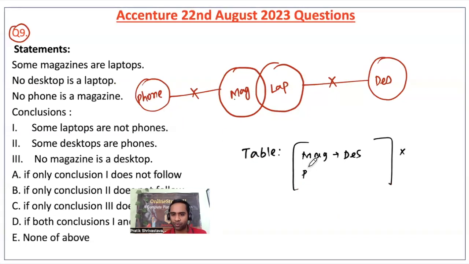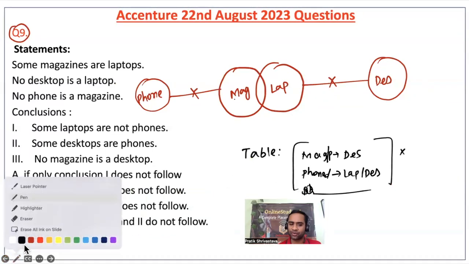But what about phone's relation with laptop and desktop? That also has not been given. And magazine and phone's relation with desktop is also not given.